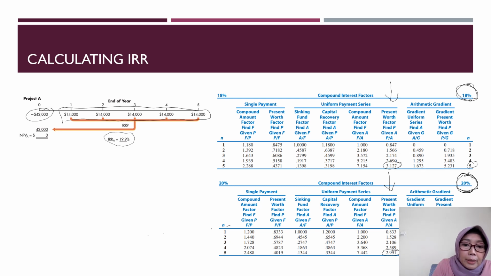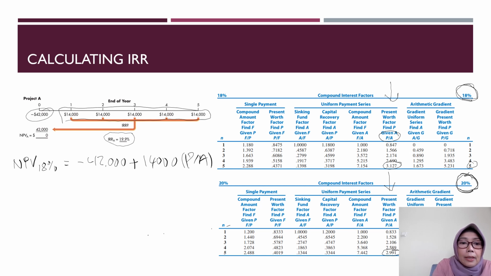If we calculate it, I'm going to write it down: NPV 18% is something like this: minus 42,000 plus 14,000 multiplied by this P over A, which is 3.127.